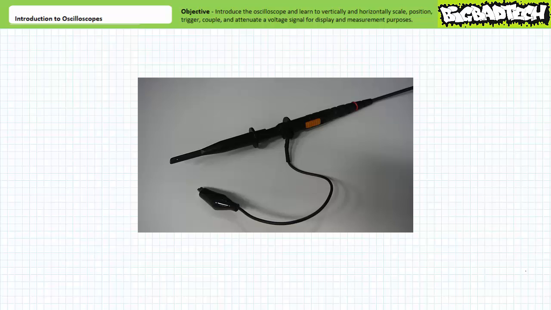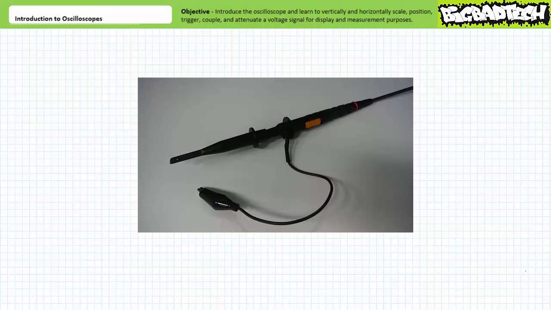An attenuation of 1x means the value isn't attenuated and the probe will deliver 1 volt to the oscope for every 1 volt differential experienced at the grabber. In contrast, an attenuation of 10x means the value is attenuated 10 times and the probe will deliver only 1/10 of 1 volt or 100 millivolts to the oscope for every 1 volt experienced by the grabber.